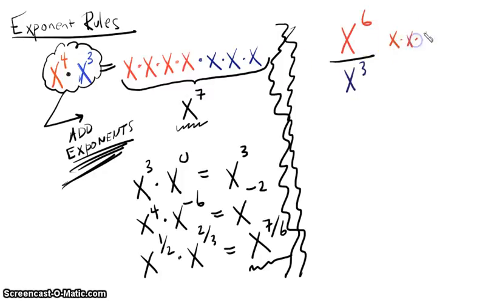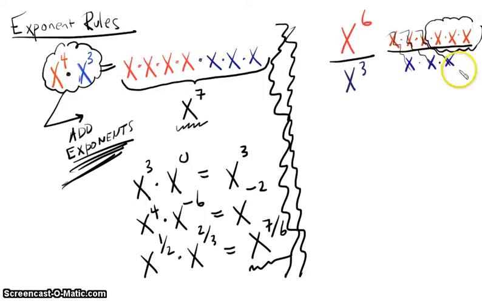X times x times x, 4, 5, 6, right? X times x times x. Now we look at this and we say, wait a minute, I'm actually going to cancel out all my like terms, and I'm going to be left with x to the 3rd, right? This is x to the 3rd.